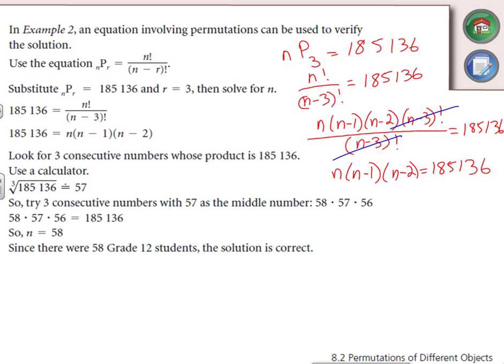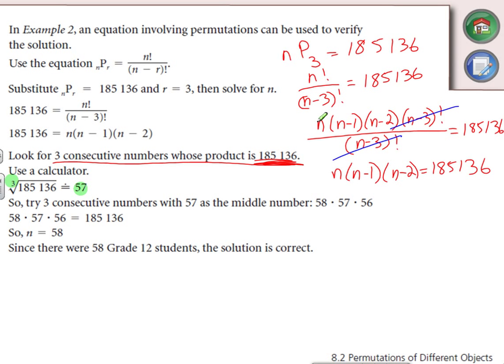That's going to give me a cubic. I could expand this, I could equate it to 0, and I could factor a cubic. That would be all great. But we're looking for 3 consecutive numbers whose product is that. So the cube root is going to tell us the middle number of the 3 of them.